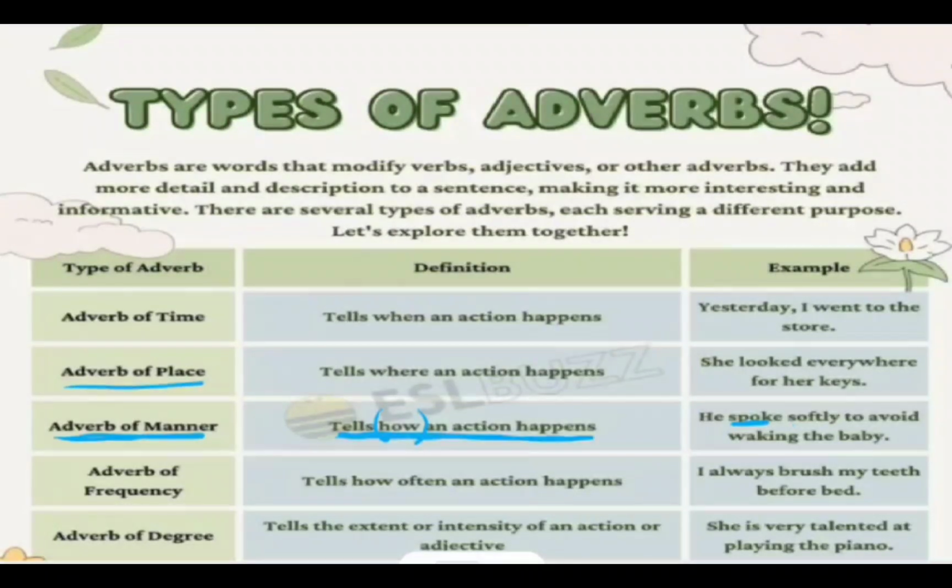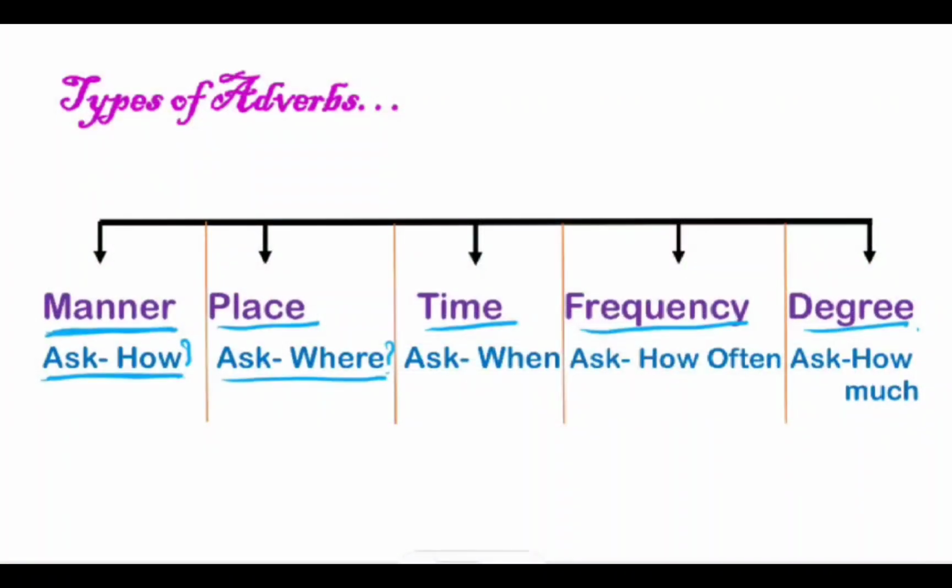This one tells where an action happens. She looked everywhere for her keys. Looked where? Everywhere. Yes, children, so everywhere is your adverb of place.